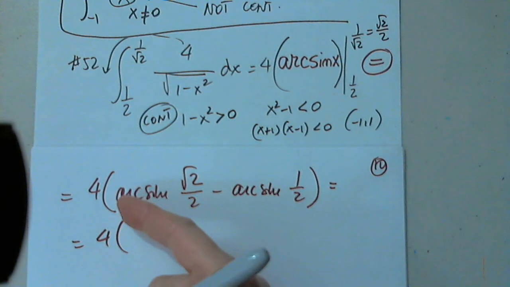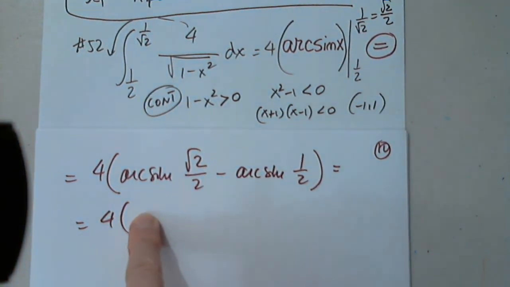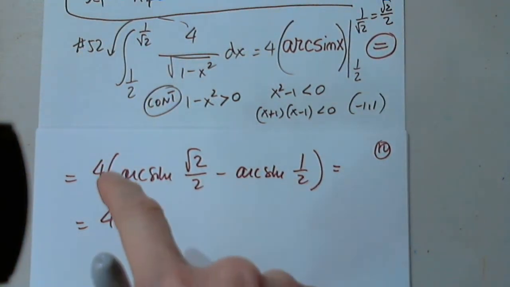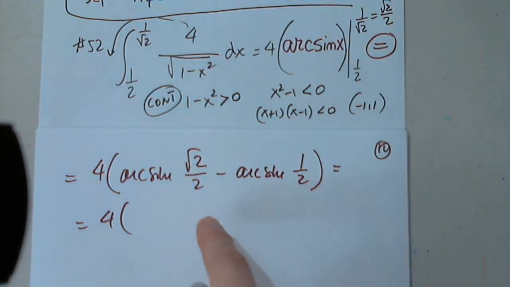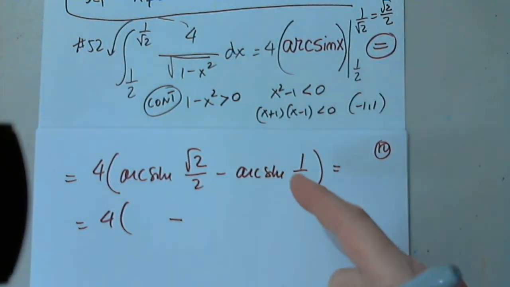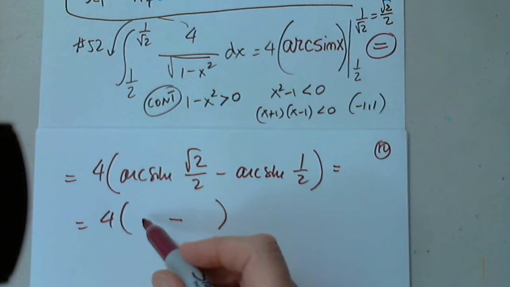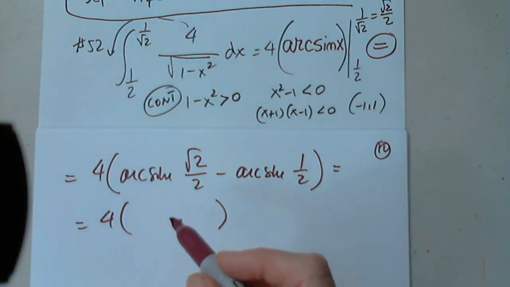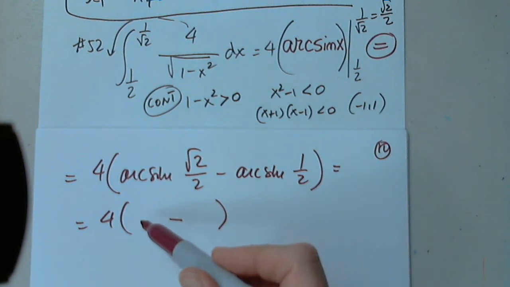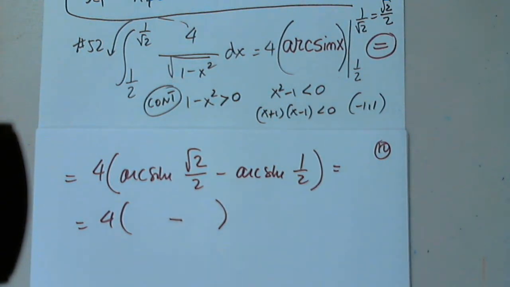So 4. Anyone remembers which angle has sine the square root of 2 over 2, and which angle has sine 1 over 2? Anyone? So no one remembers which angle has sine the square root of 2 over 2?